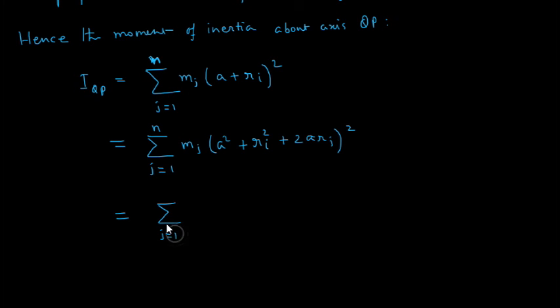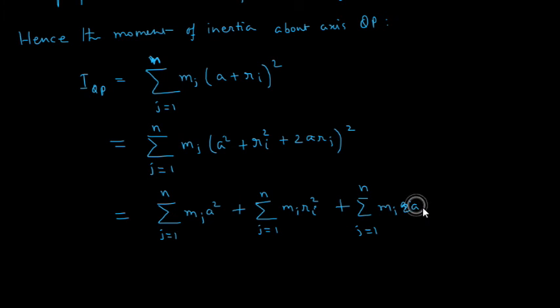which is equal to sigma i equal to 1 up to n of mi a square plus sigma i equal to 1 to n of mi ri square plus sigma i equal to 1 to n of mi 2a ri.